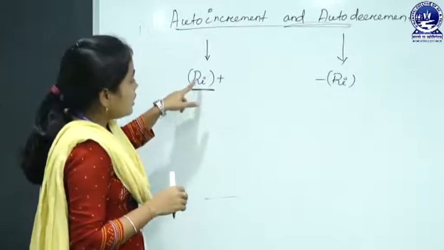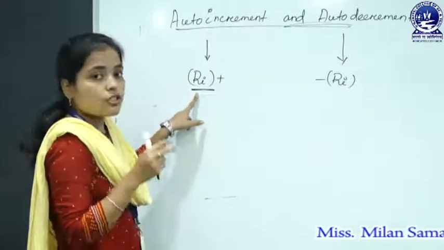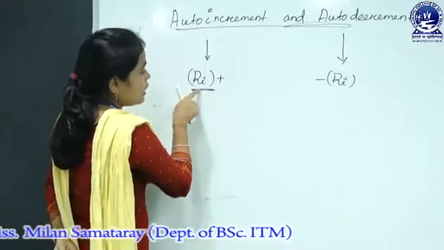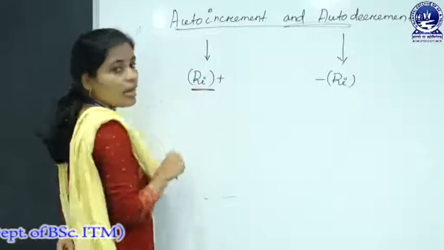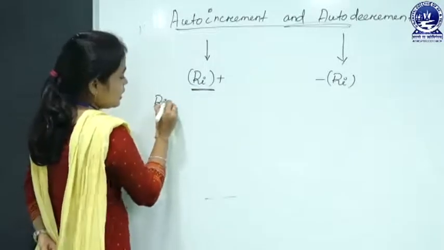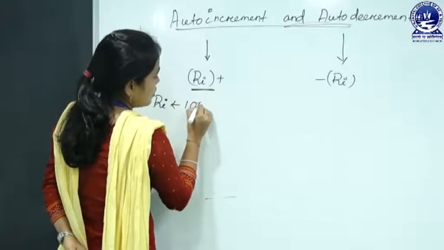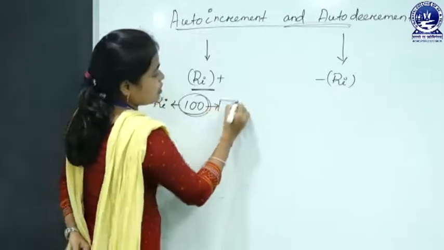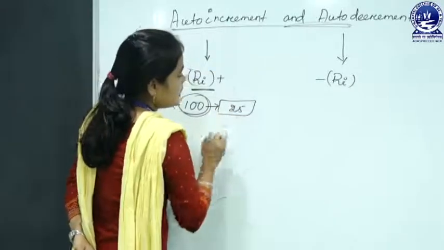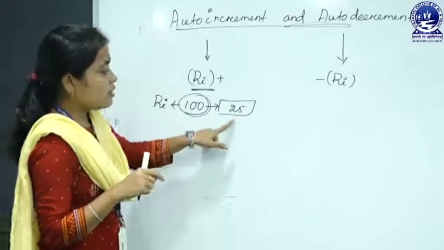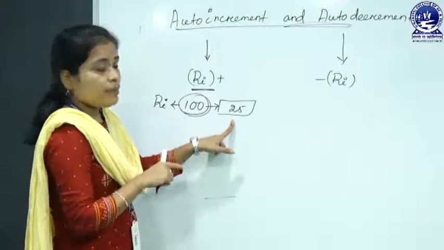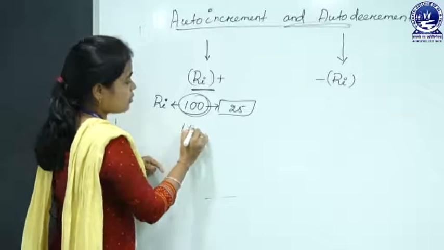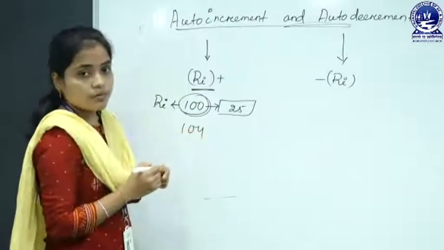So, here first we have to fetch the operand which is stored in the memory location, and that memory location is stored in Ri. Let Ri contain, suppose, 100. So, the 100th memory location contains the value 25. After fetching the 25, you increment the 100 value to 104.